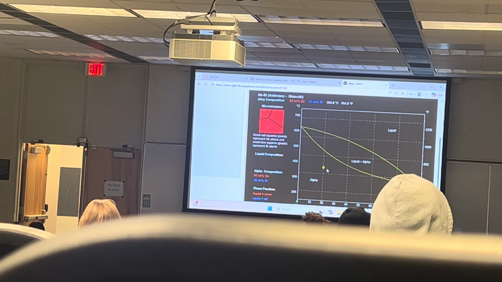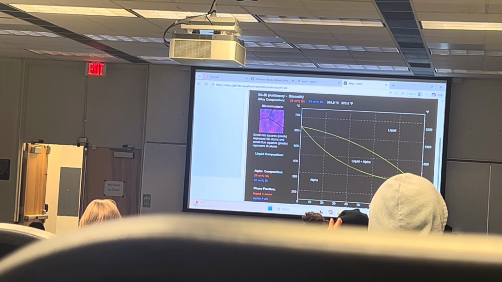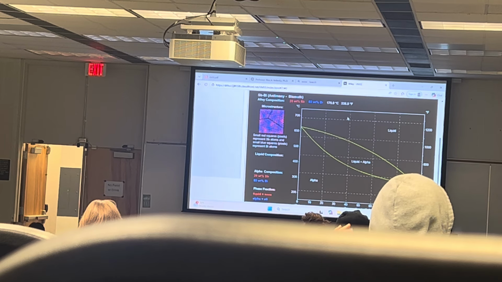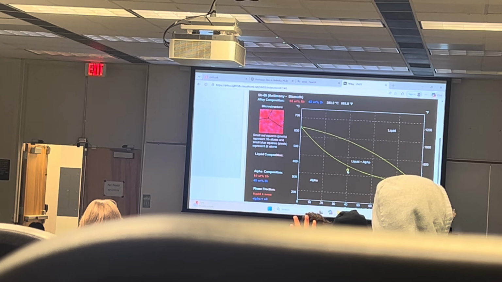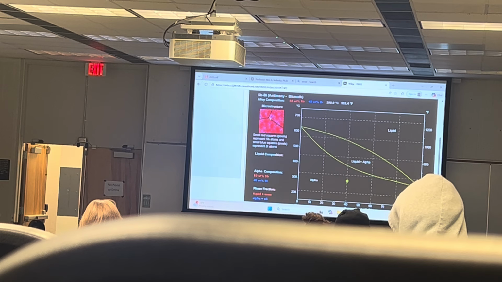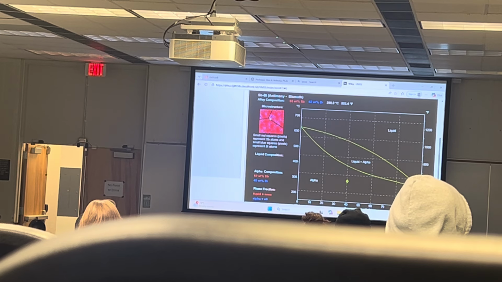So you're dropping down the temperature from any composition, to control the process, to control the structure, to control the properties. Like this is going to determine the size of the grains, and the size of the grains determines the strength.